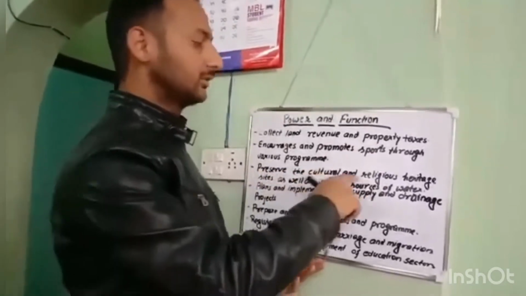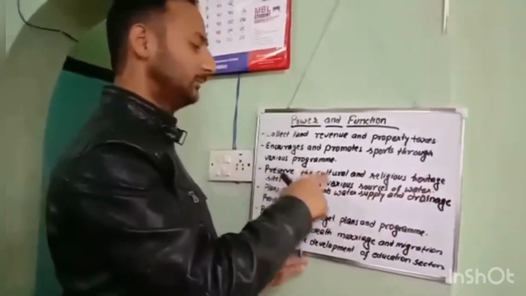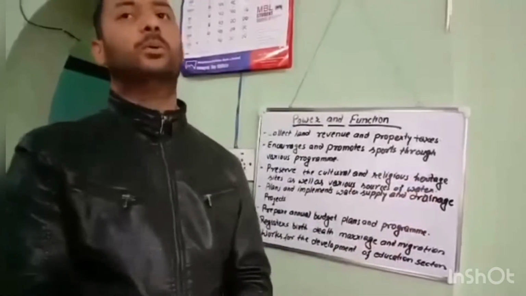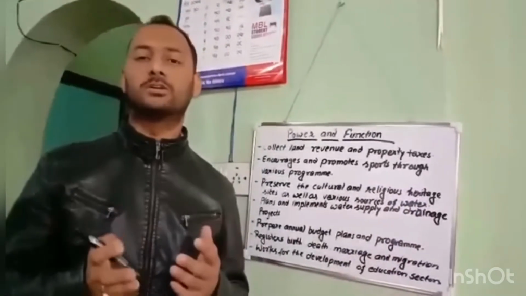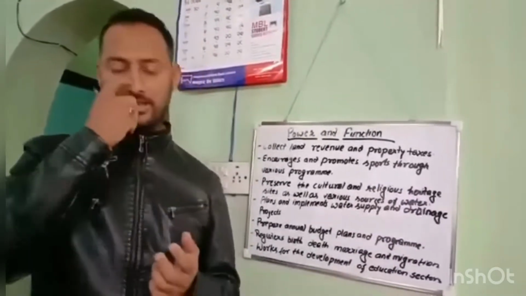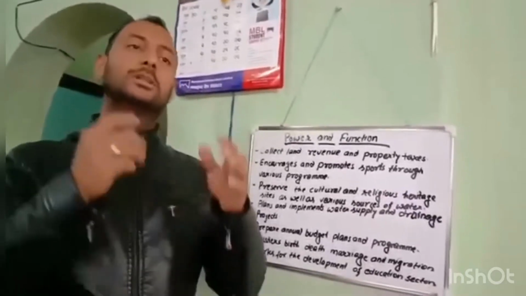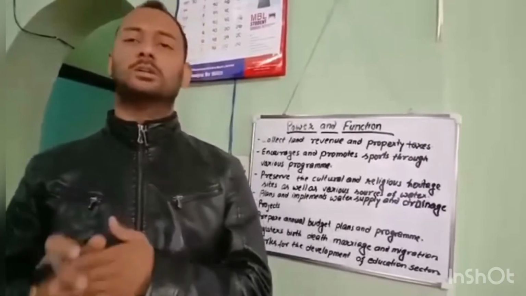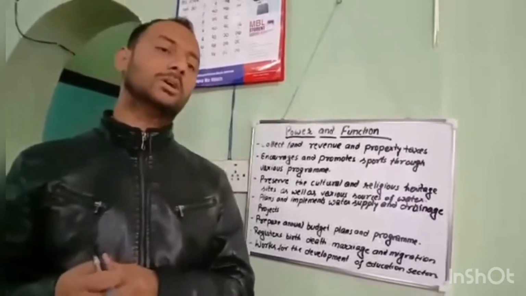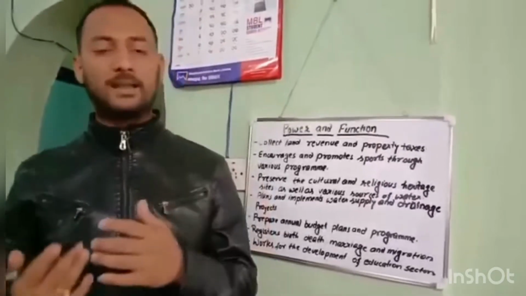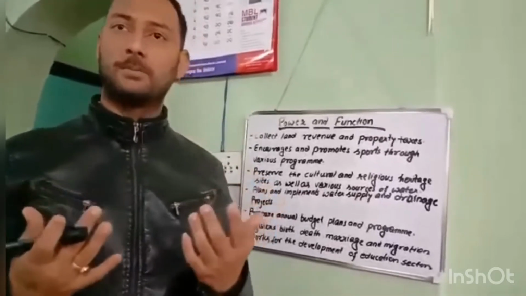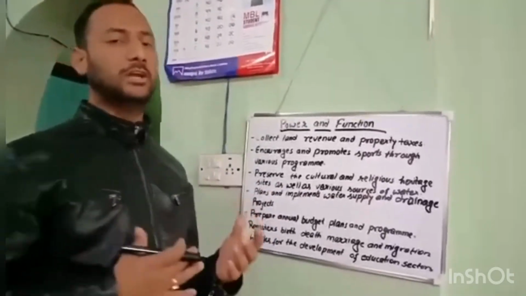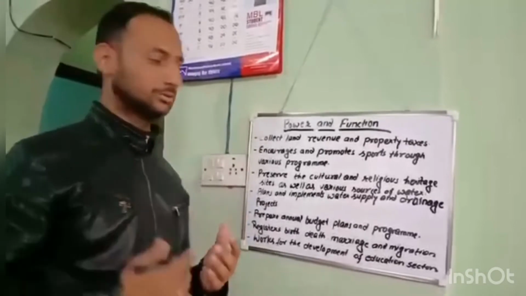Preserve the cultural and religious heritage sites as well as the various water resources. We know that there are many religious and cultural heritage sites in our country as well as water resources. Some of them are being conserved and some of them are not. So the municipality makes a plan and an effort to conserve the natural heritage, cultural heritage and the water resources.